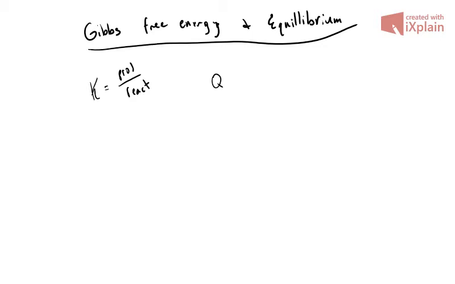Okay, we could also tell whether our equilibrium was more products or reactants favored, depending on whether it was above or below 1.